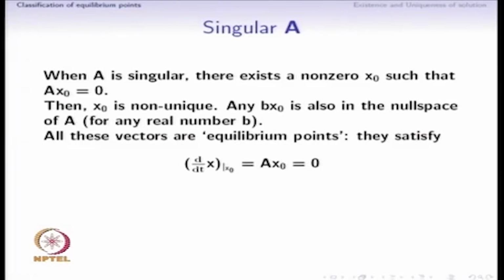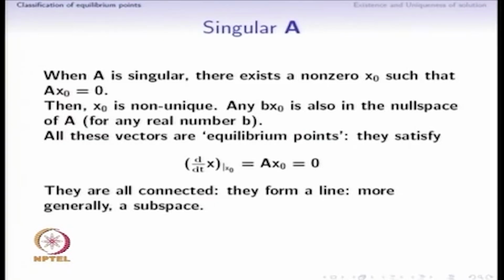Because the derivative of x evaluated at the point x naught is obtained by A acting on x naught, which is equal to 0. So, we see that in this case all the equilibrium points are connected, they form a line. The null space is a linear subspace, and in our case, because A has only one eigenvalue at the origin, they form a line.